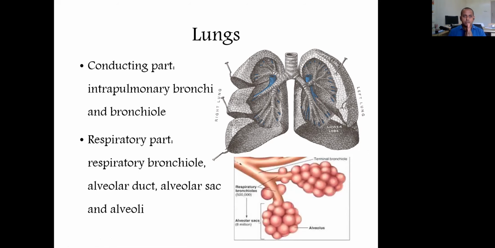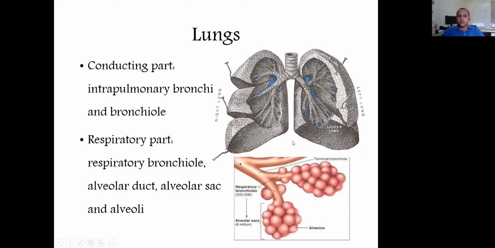Basically, what you need to know is the respiratory tract is held firm by cartilage, right? As it goes inside the lung, as the lumen decreases, the cartilage decreases and smooth muscles come into the position of the cartilage. And the glands present in the submucosa also decrease as the lumen decreases.